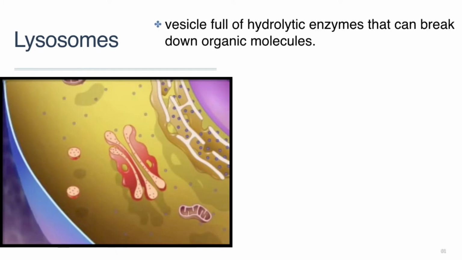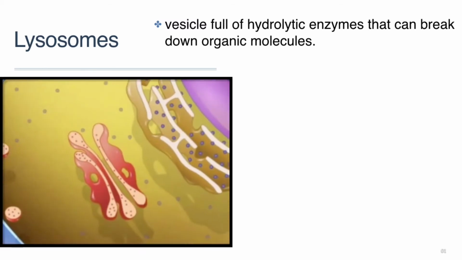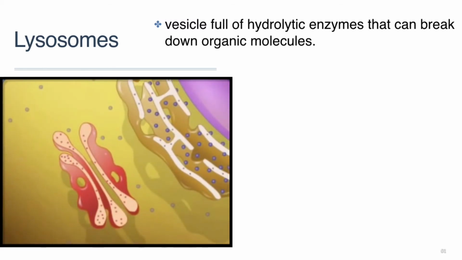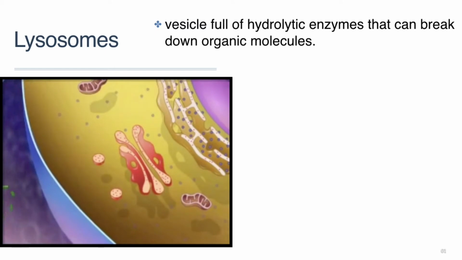Now, lysosomes are basically specialized vesicles that hold a variety of hydrolytic enzymes. These enzymes are proteins that are first created in the rough endoplasmic reticulum, are then packaged into vesicles, and sent to the Golgi apparatus. The Golgi then does its final work to create the digestive enzymes and then pinches off a lysosome. And from there, the lysosome will float in the cytoplasm until they are needed.